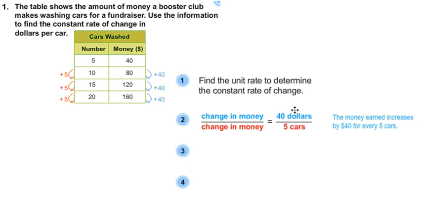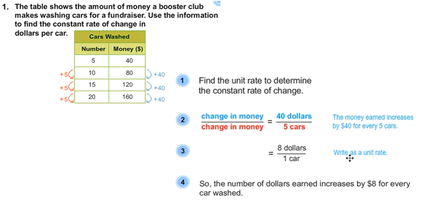So we'll set up $40 over 5 cars. Now we're going to make a unit ratio, and that's going to equal $8 for one car. Now we're going to just simplify and restate. So the number of dollars earned increases $8 for every car washed. So all we did was divide the change in y's over the change in x's.